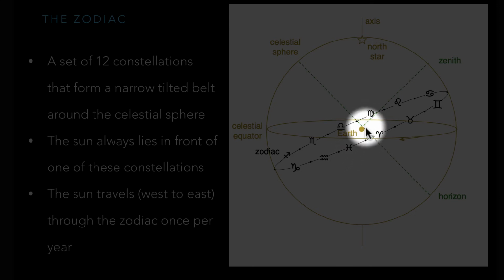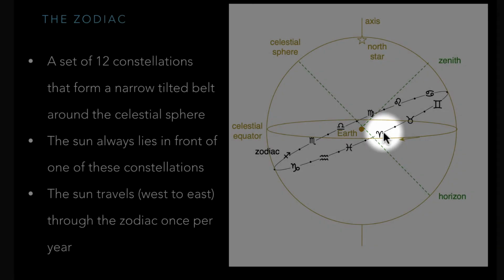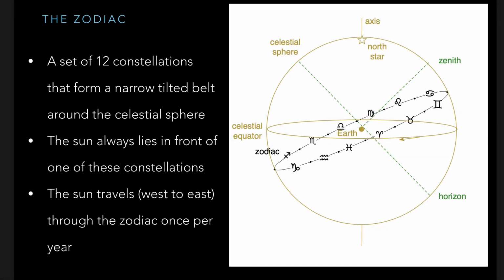So if you were standing right here on the Earth looking off toward your western horizon, you would see Aries just right there. Okay. Now one should imagine that as this sphere rotates around, these constellations are fixed to it, so this whole circle of constellations rotates with the sphere.